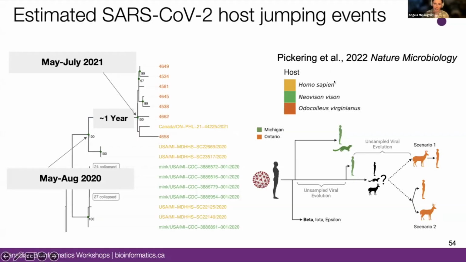This is from Brad Pickering et al., who works out of Winnipeg for PHAC, and Finlay was a co-author on this as well, where they were looking at how SARS-CoV-2 variants had basically transmitted from humans into minks and then into deer, and humans, and how that happened and exactly what the timing was for that. So I direct you towards this paper if you would like to learn more.